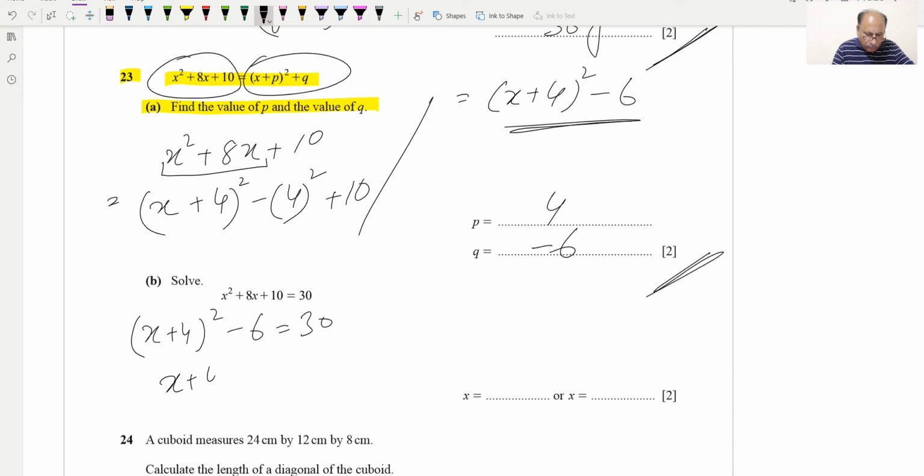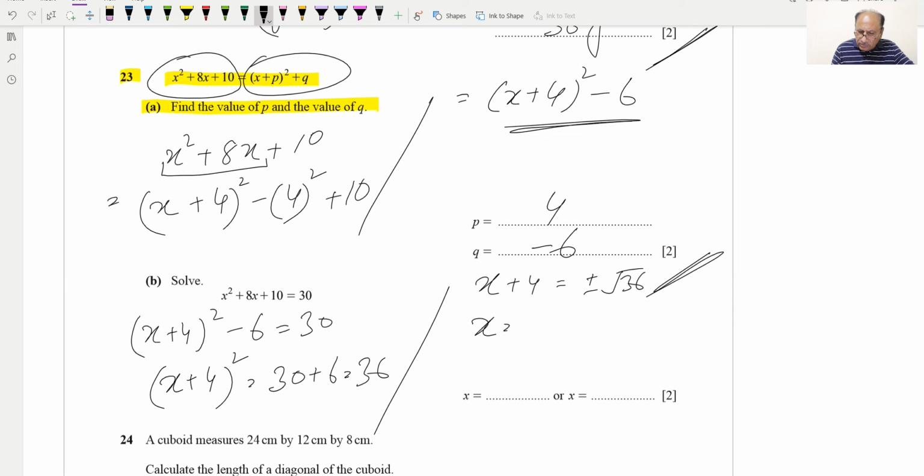So x plus 4 squared is equal to 30 plus 6, which is equal to 36, and further we can rewrite it as x plus 4 is equal to plus or minus root of 36. So x is equal to minus 4 plus or minus 6. So x will be minus 4 plus 6, which is 2, and minus 4 minus 6, which is minus 10. So these will be the two values, and this is done.